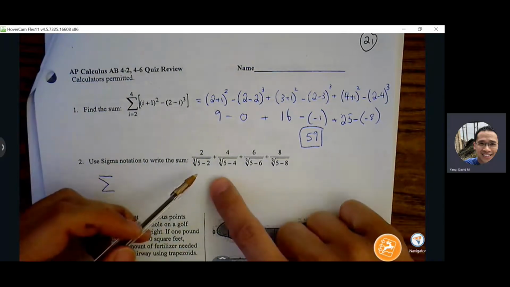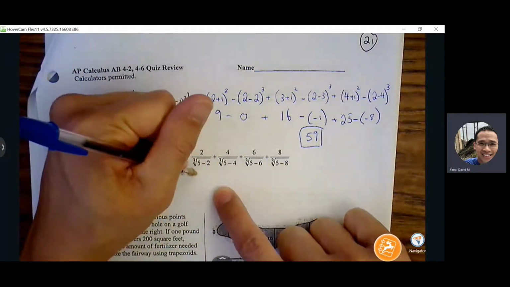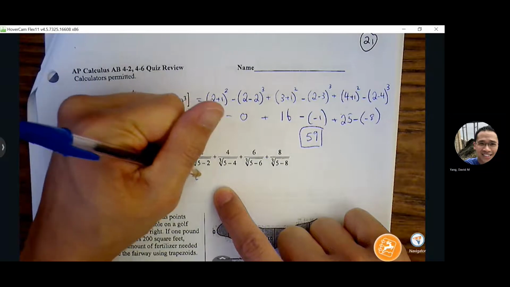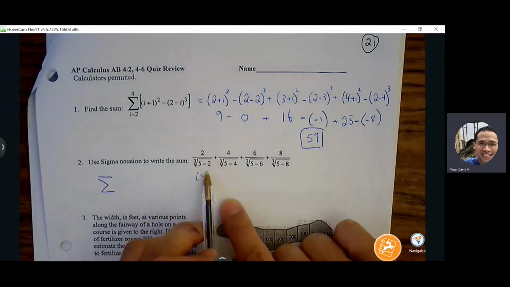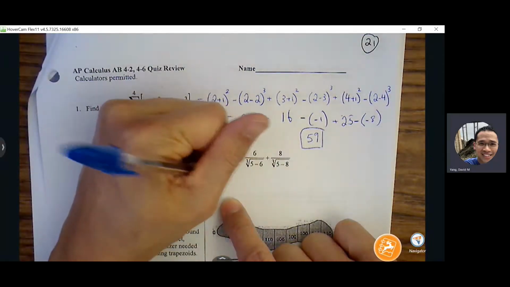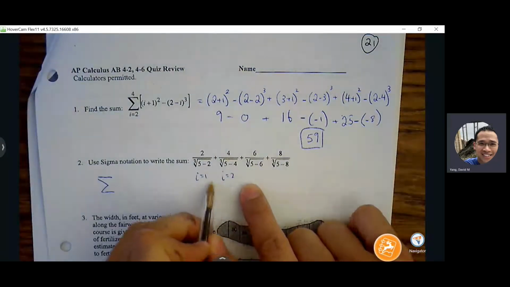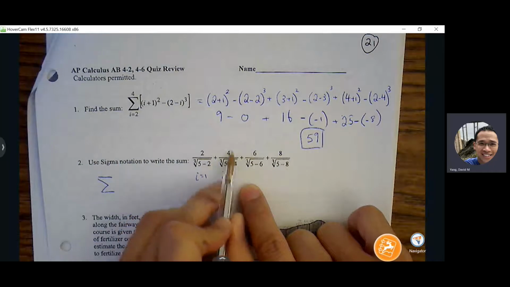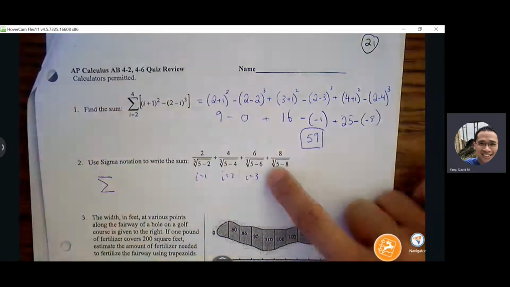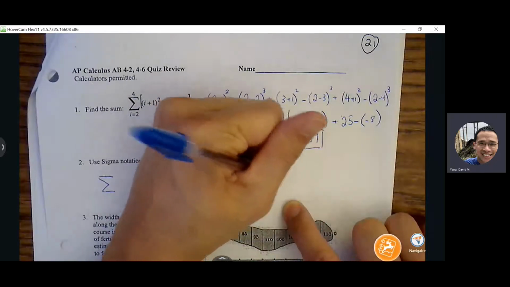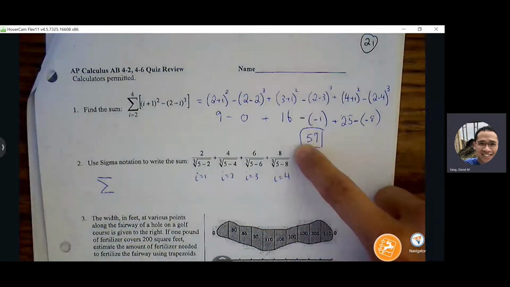Basically, what needs to happen is I need to be able to insert i equals 1 into some pattern to produce this. Then I'm going to plug i equals 2. Then the next term will be 2. 2 has to plug into this to get that. 3 will insert into some expression to get that, and then 4 will insert into some expression to get that.